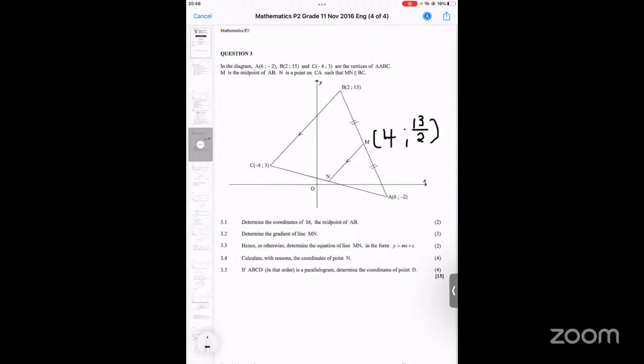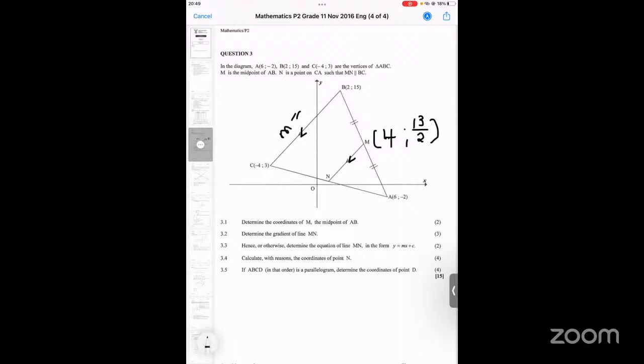So 3.2, determine the gradient of line MN. Because MN is parallel to BC, we will use BC to determine its gradient, and its gradient will be equal to that of MN. What did you guys get as the gradient?